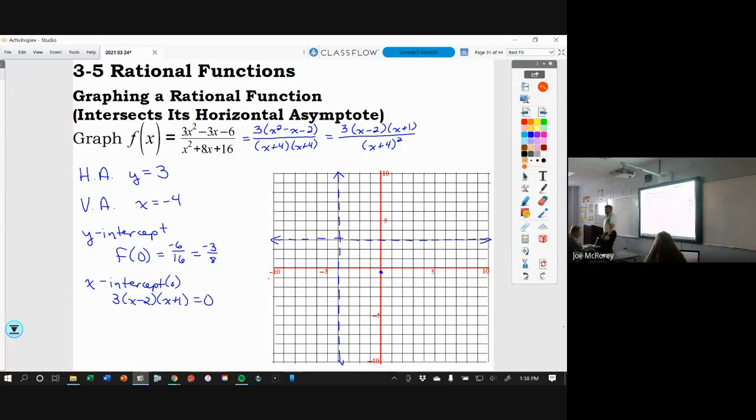What values of x will make that 0? 2 and -1. We could divide the 3 on both sides and make the 3 just go away. Okay. So we have an x-intercept at 2, and we have an x-intercept at -1.